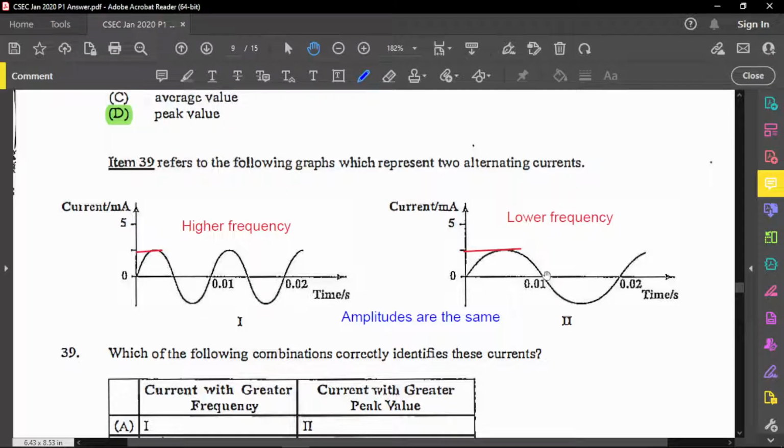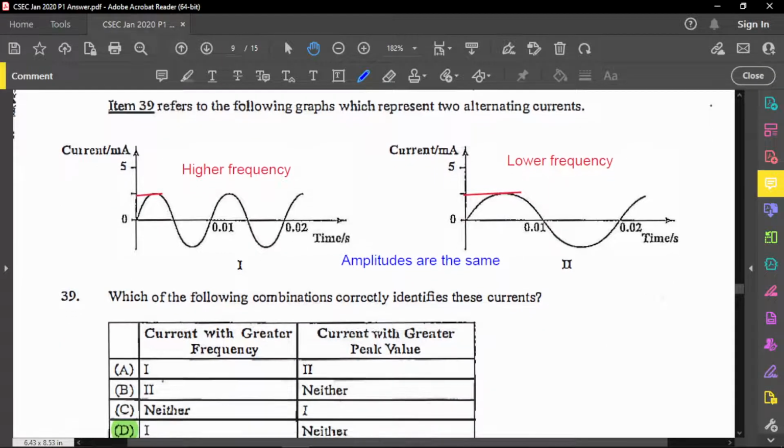However, for graph 2, at the same time, 0.01, it is not even half a wave, a little bit less than half a wave. So it produces fewer waves per second, and therefore graph 2 has a low frequency. The question now asks which of the following combinations correctly identifies these currents.